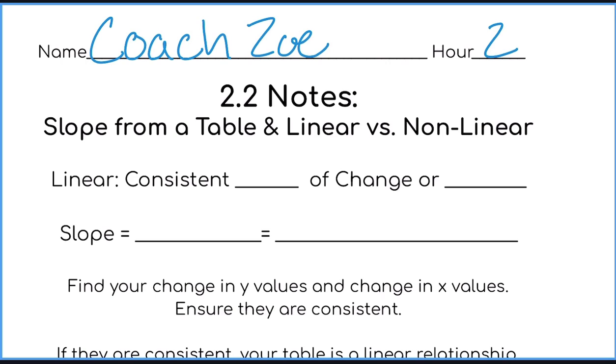Linear lines have a consistent rate of change or slope. So a consistent rate of change or a consistent slope.